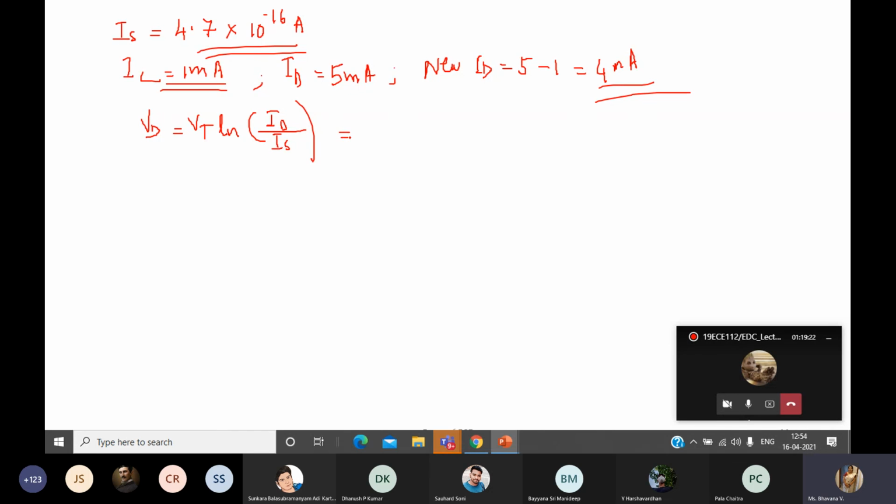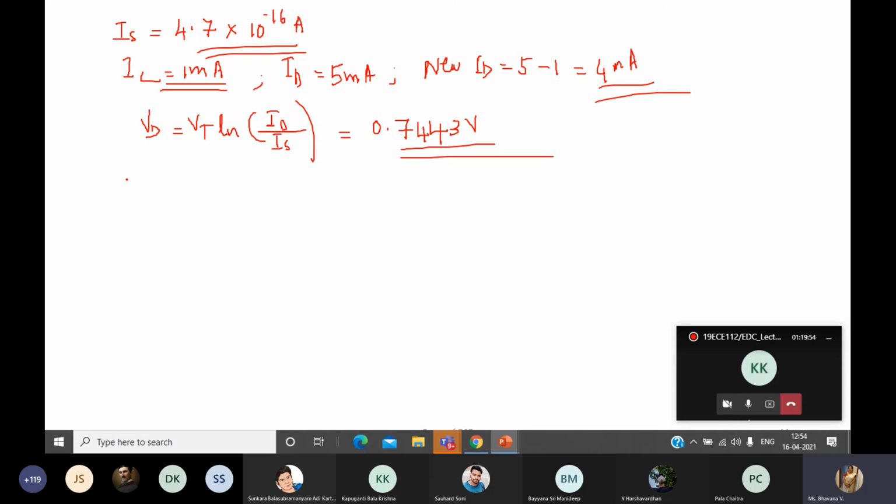Calculate and tell me. Find the natural logarithm. VT ln ID by IS. ID is now 4 milliampere. IS is 4.7 into 10 power minus 16 ampere. What is the answer? Ma'am, is it 0.74? 0.7443 volt. So this is the drop across one diode.